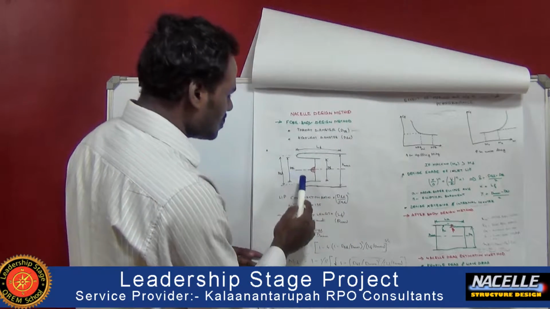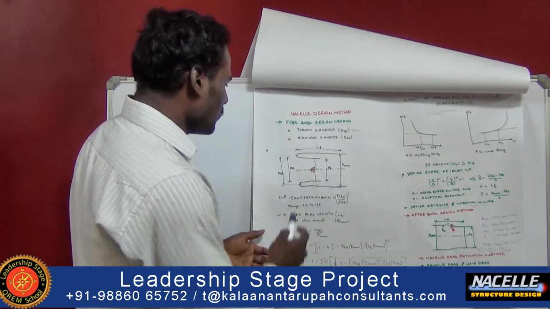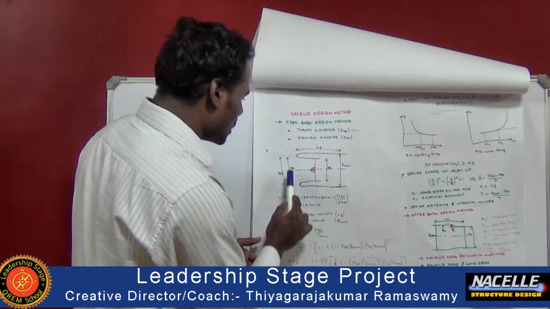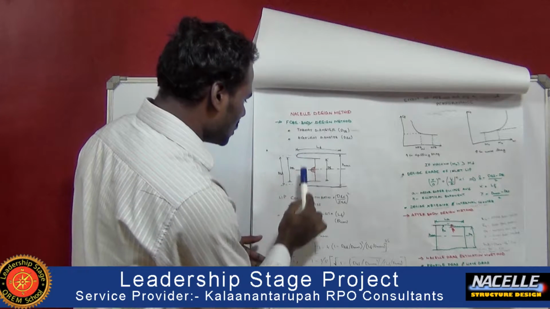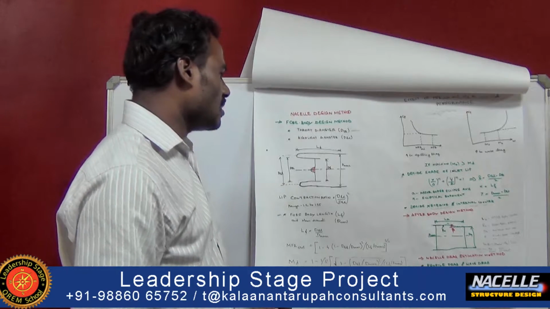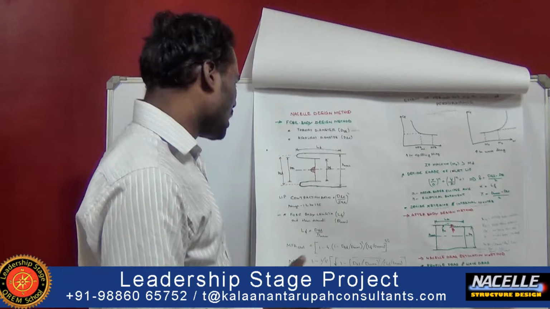Here it shows the throat diameter is calculated with respect to the engine performance. The throat diameter is the area between this point and this point, whereas the highlight diameter is from this point to this point. With respect to the throat diameter, we can calculate the highlight diameter as well.